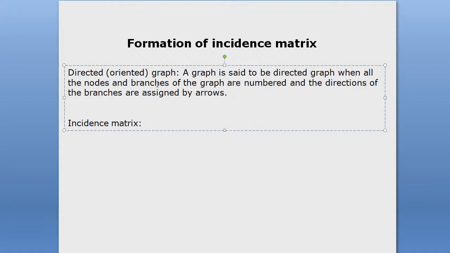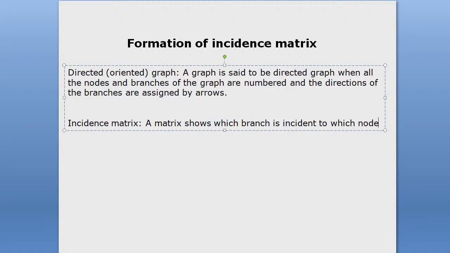What is the incident matrix? The incident matrix is a matrix that shows which branch is incident to which node.